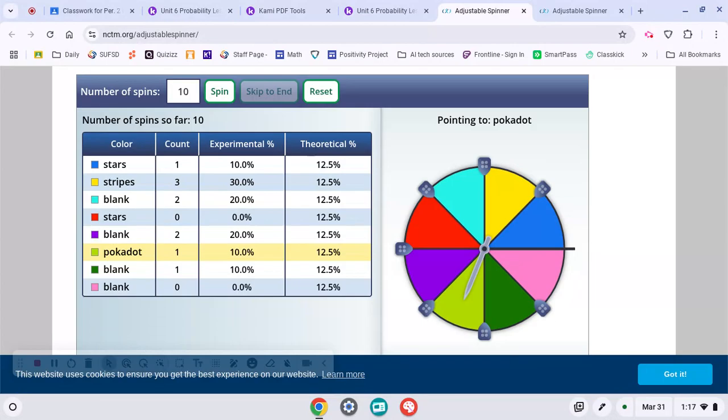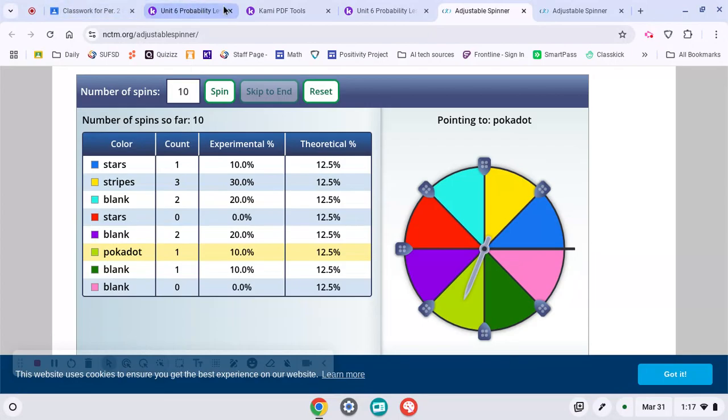So I'm putting a 5 in my total number of spins. Stripes, I've got 3. The polka dots, it landed 1 tally mark, 1 spin. And the stars, we've got a blank with stars that says 0.